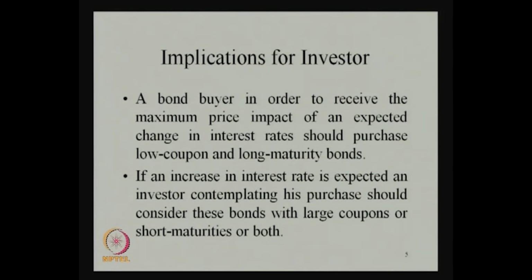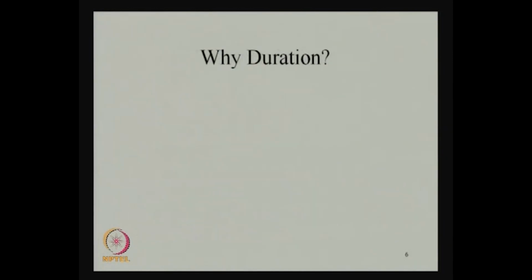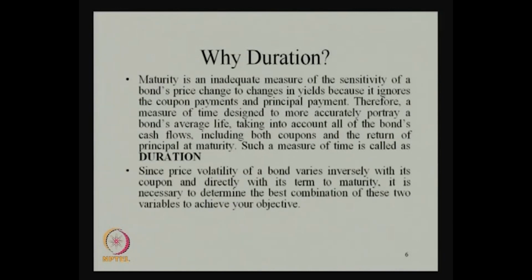If an increase in interest rate is expected, an investor contemplating a purchase should consider bonds with large coupons or short maturity or both. That means these are the different implications through which the investor can use their anticipation or expectations to take decisions in the market.